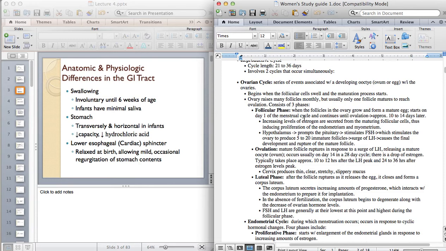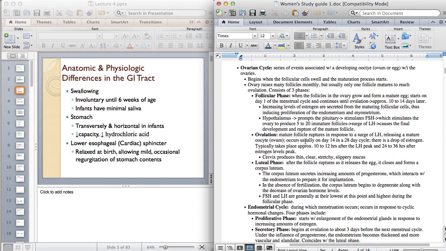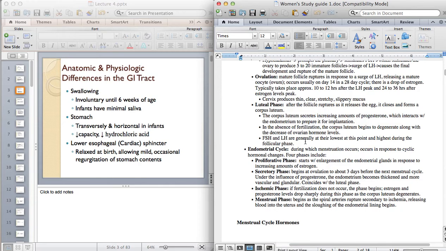So, from my notes, you have those that I don't want to go over again. The liver function is immature as well. So, with all this immaturity going on, when we get to see a patient with a GI problem, and this is any kind of GI problem, we're just doing an overview of the GI assessment that we will do.